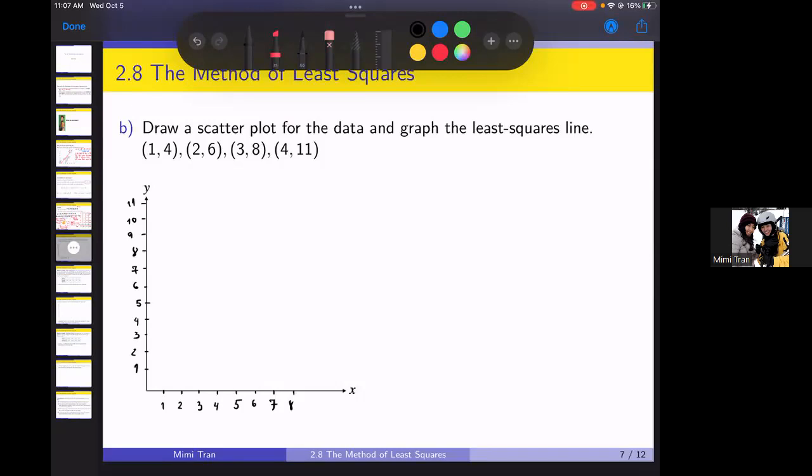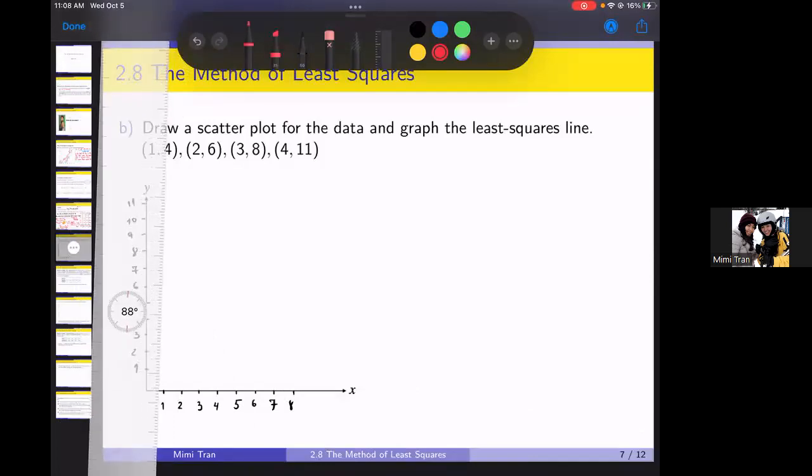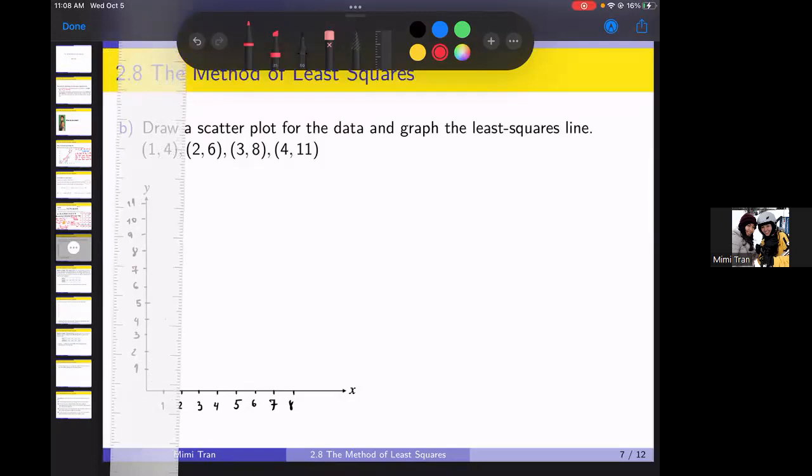All right, let's see, 1, 4. Ooh, I got an idea. 1, 4, right here. I'll do the little dot first. I'll make it a little better. What else? 2, 6, right here.